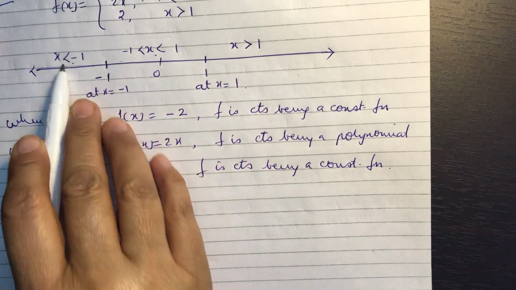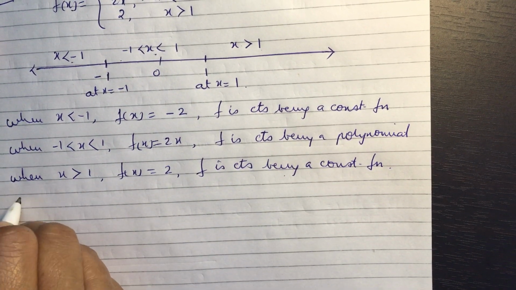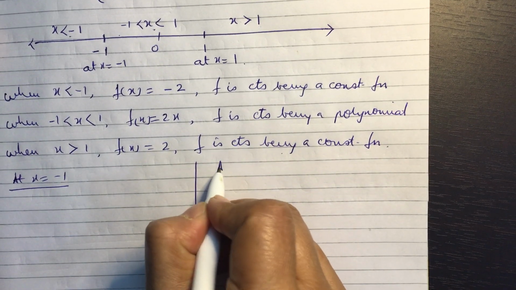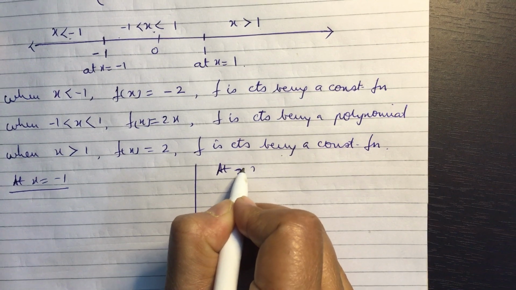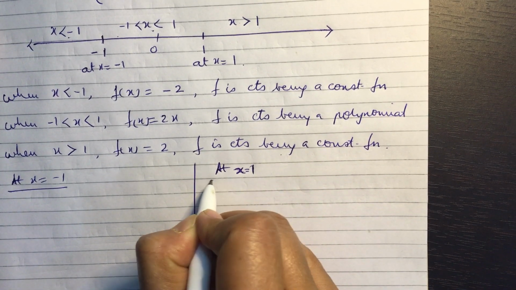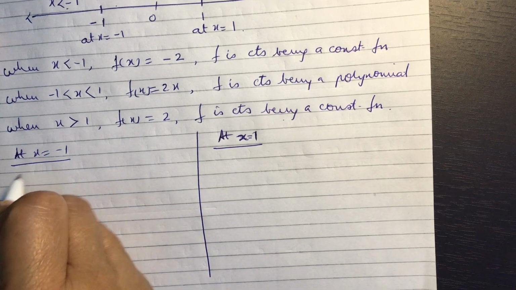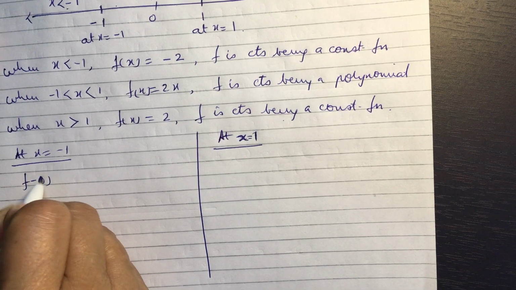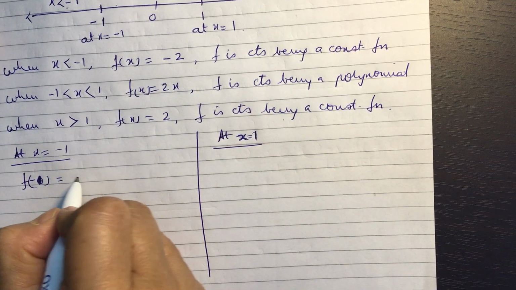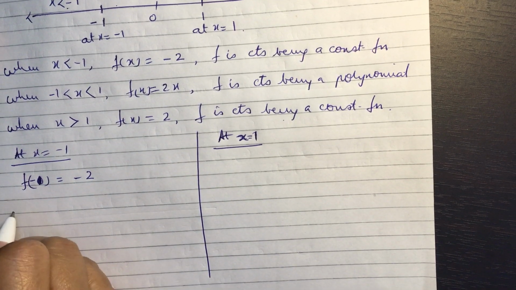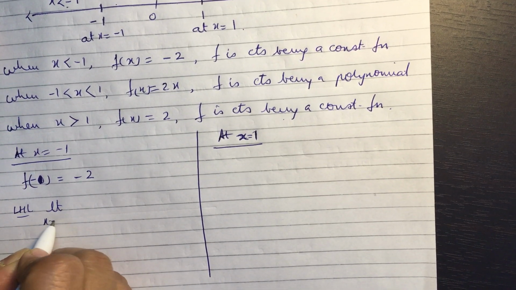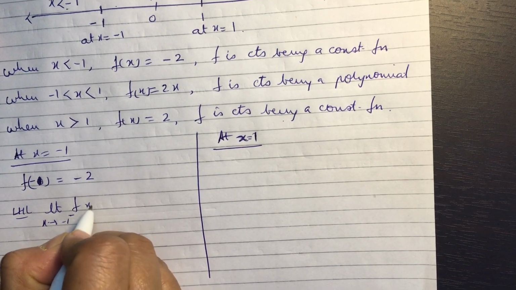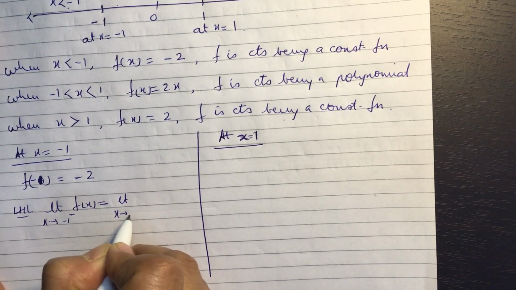So in all these three intervals the function is continuous. Now checking at x equal to -1 and at x equal to 1. Now at x equal to -1, let's first do the value of the function at -1, which is equal to -2. Now left hand limit, x tending to -1 minus, is equal to limit x tending to -1.